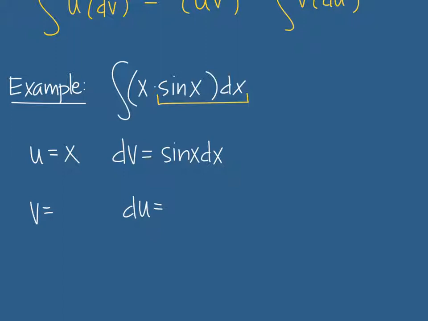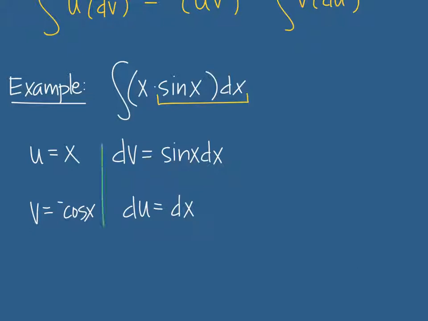Well, du is the derivative of regular u, so du would be dx. And dv is the derivative of v, so if dv is sine of x, then what is regular v? Negative cosine. Very good. Do you see how in one direction you're going derivative, but in the other direction you're going antiderivative?